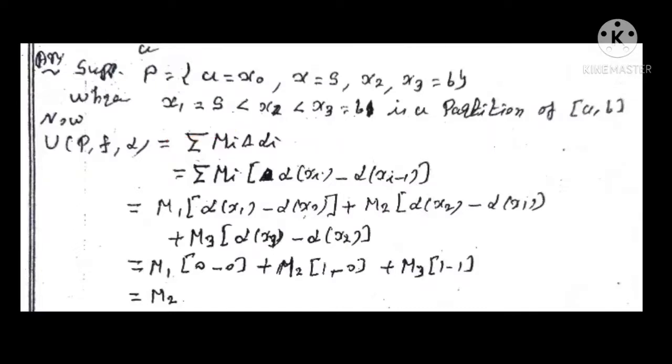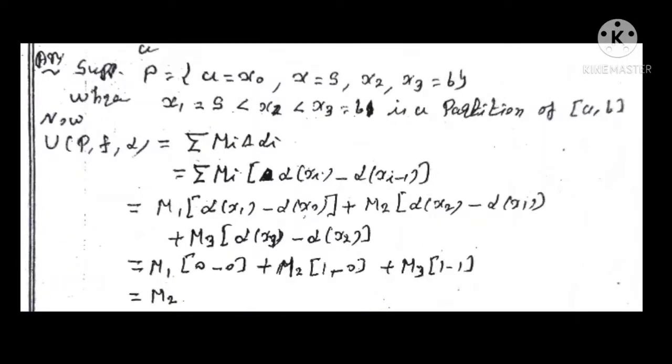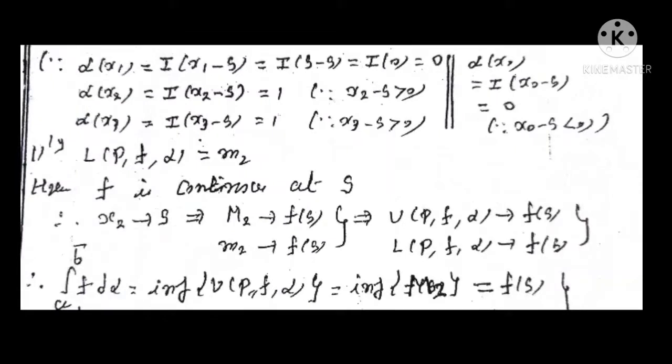Now alpha x0 is equal to I(x0 minus s) and a is equal to x0 less than s is equal to x1. Therefore x0 minus s less than 0. Therefore alpha x0 is equal to 0.